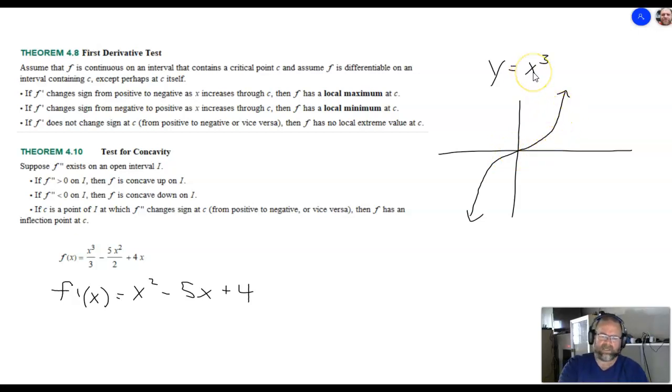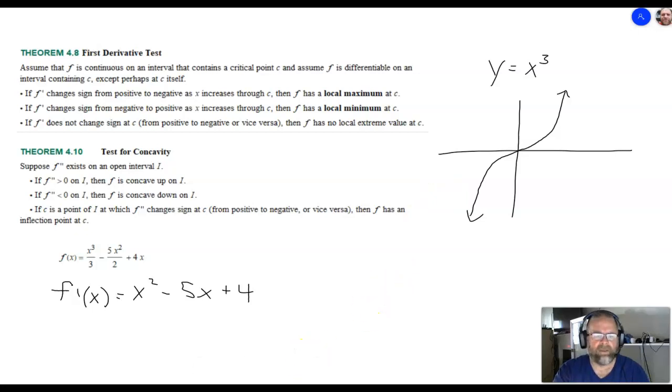So some functions like this can continue to increase or continue to decrease after that 0 sloped tangent line. So make sure that you test it, even if you think, oh, well, this is positive, so then this has to be negative, therefore I have a maximum. Sometimes you don't.